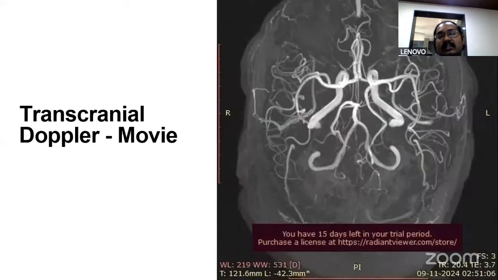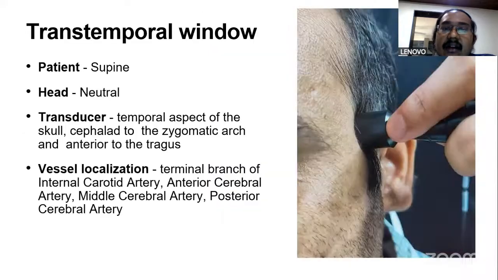So with this, we would like to dwell deeper into transcranial Doppler and try to understand how to do it in a better way. As usual, we start with our insonation windows, our opportunities to look into the intracranial arteries. For the transtemporal window, the patient will be supine and the head in neutral position.